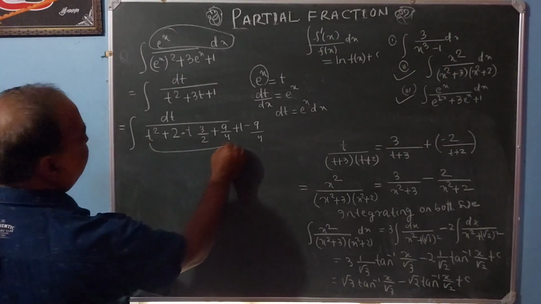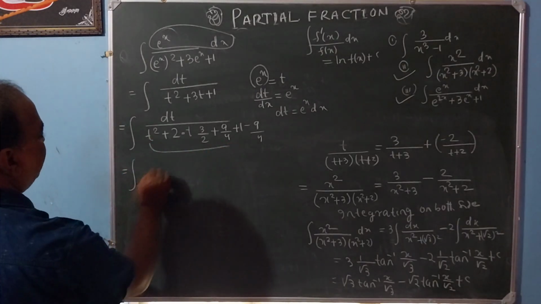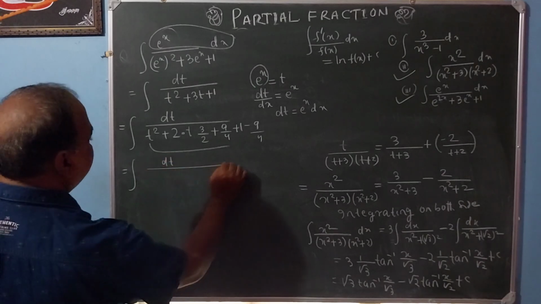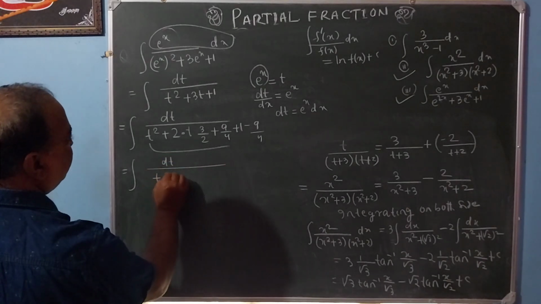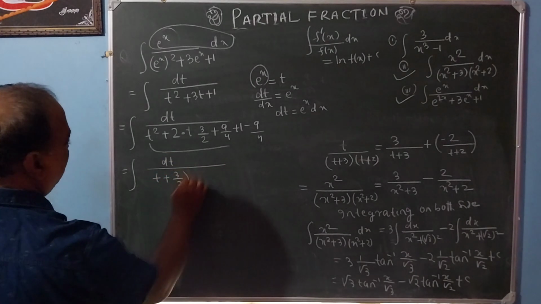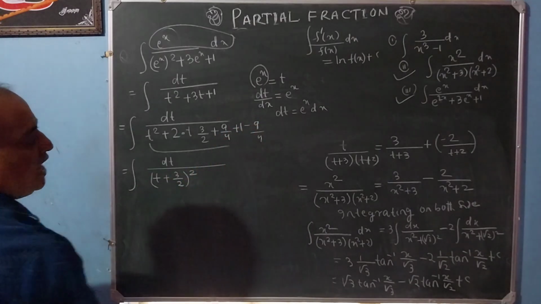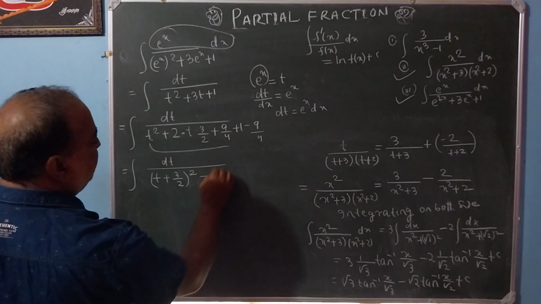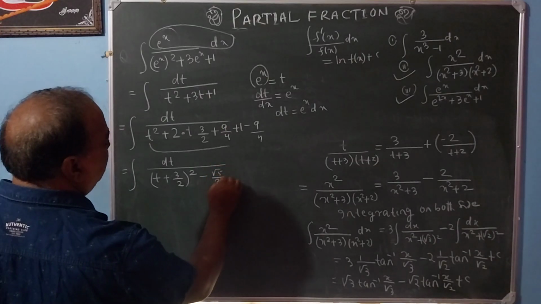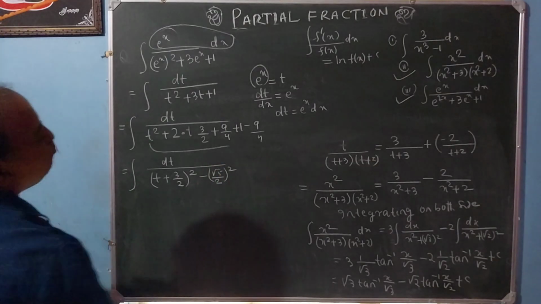This is integration of dt by (t plus 3 by 2) whole square minus, after simplification, 9 by 4 minus 1, that is 5 by 4, so root 5 by 2 whole square.